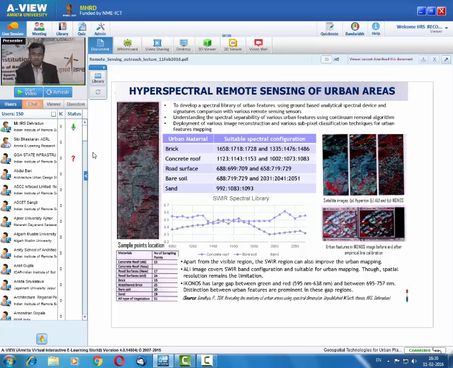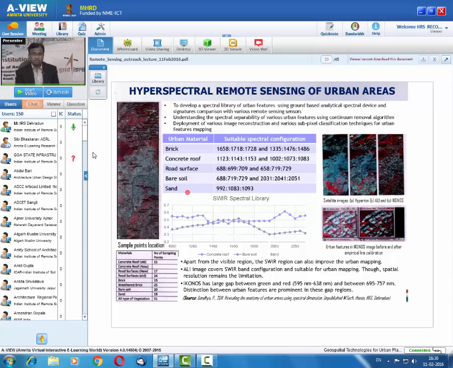Now there is one more domain, as explained earlier, that is hyperspectral remote sensing, because as the technology matures, the need is also felt for pure signatures. The purity comes when the bandwidth is narrower. This narrow band means 5 to 10 nanometers. When this kind of data set is used, we are able to distinguish between various urban materials, whether it is brick, concrete, roof, road surface, bare soil or sand.